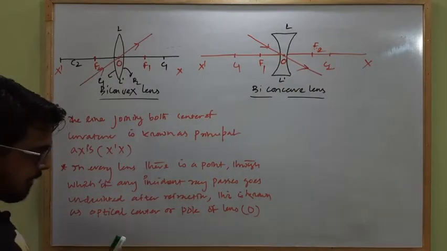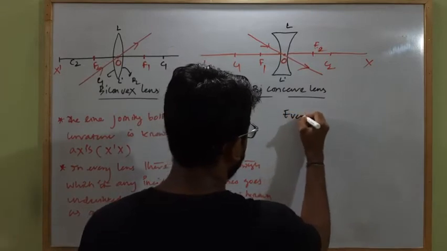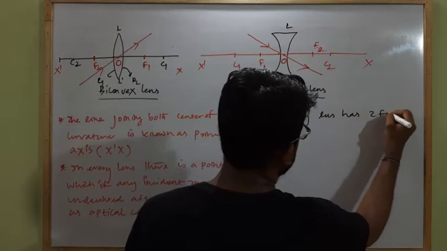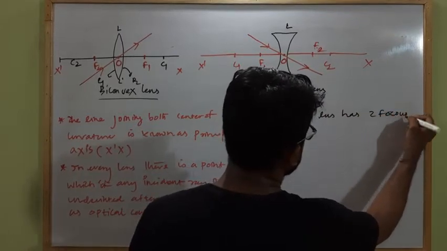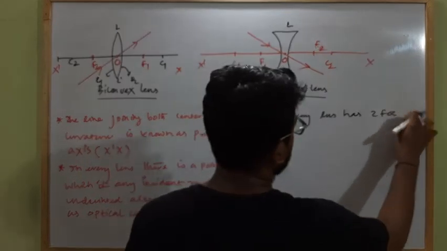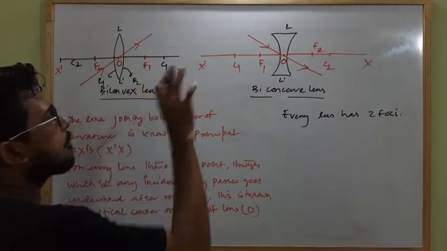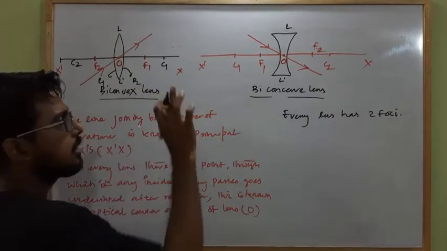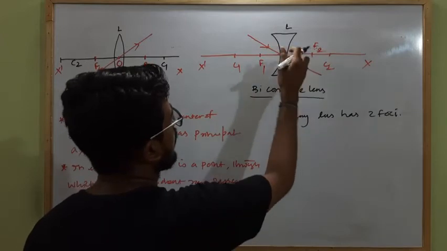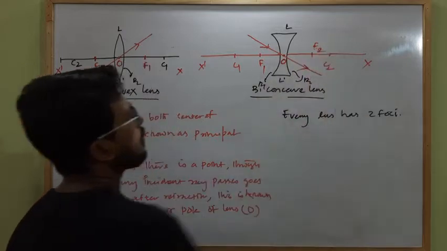Clear? So every lens has two focus, or two foci, as each is made up of two refracting surfaces. So both have two centers of curvature, two radii of curvature R1 and R2, this is R1, this is R2, and similarly two focus.